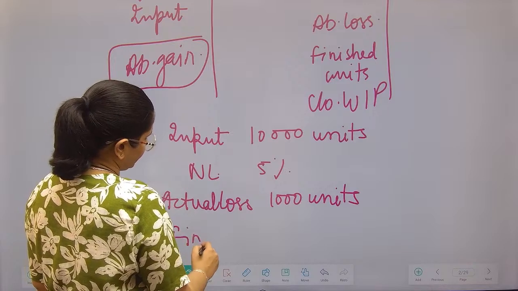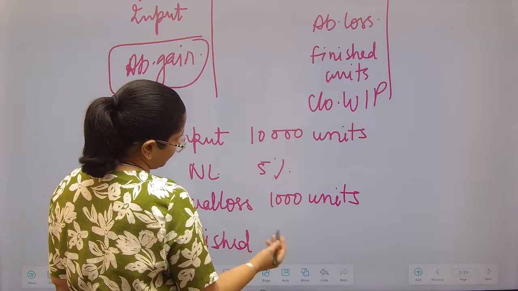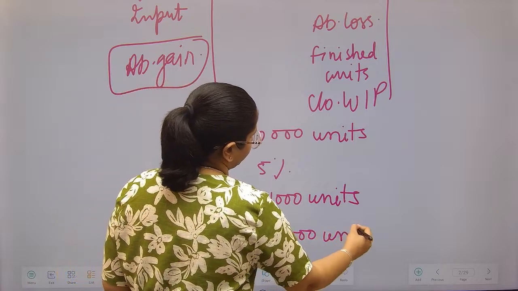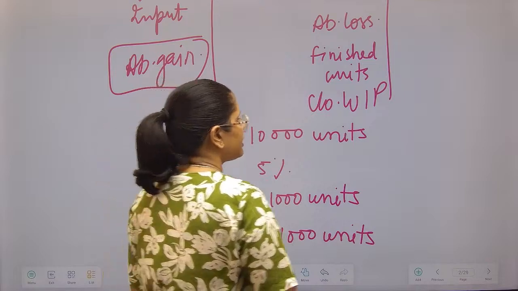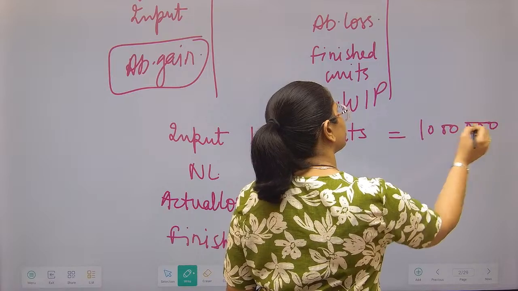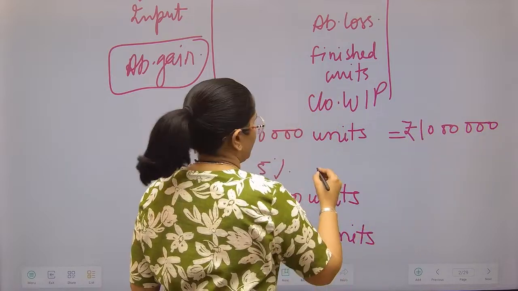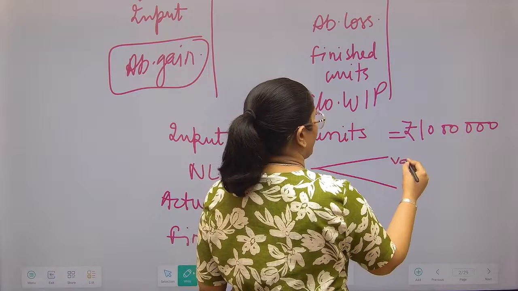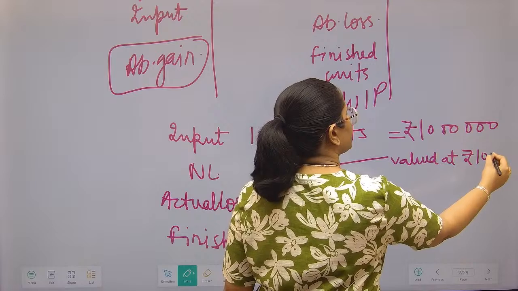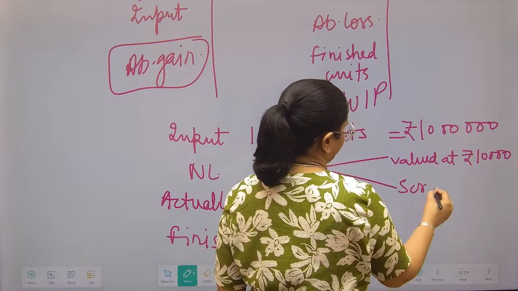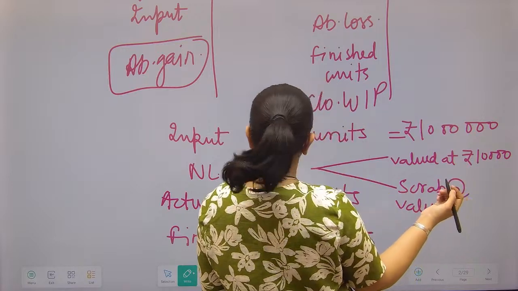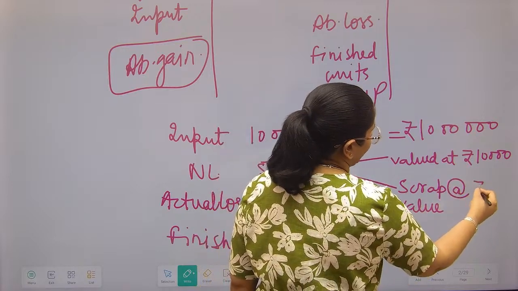And finished units are 9,000, right? And the cost that you have incurred is somewhere around 10 lakh. And normal loss valued at 10,000, scrap value is at, कितना रखें, let's say 10 rupees.